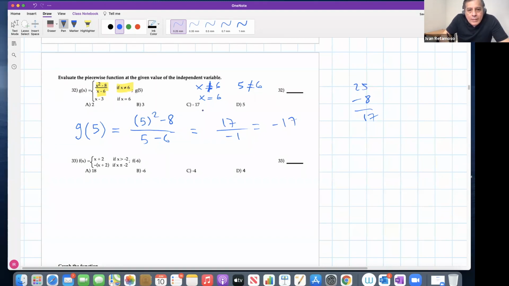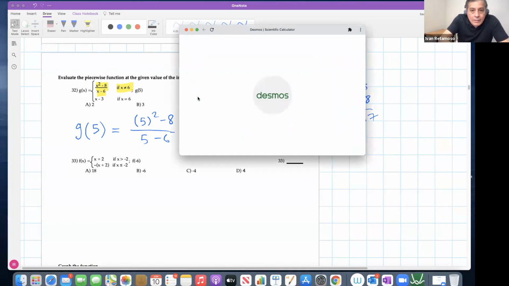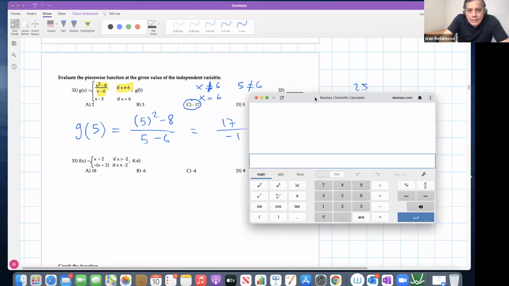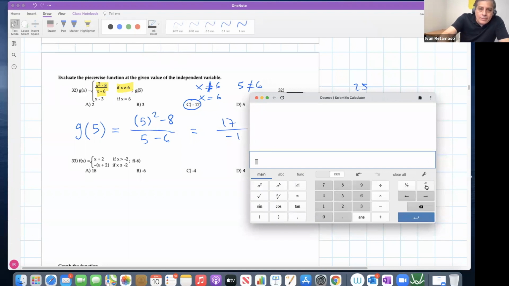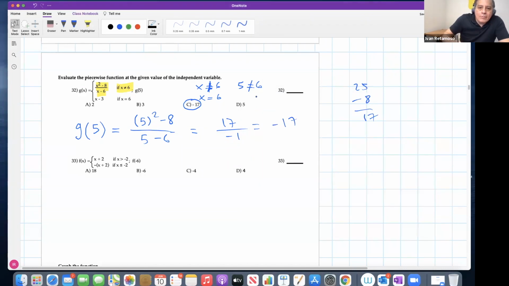If the computation is too difficult, guys, just bring out your calculator, because we don't know if the numbers are going to be friendly or not. If you're not sure about your computation, use your calculator: 5 squared minus 8 on the numerator and 5 minus 6 on the denominator, and you will see that indeed negative 17 is the output value.